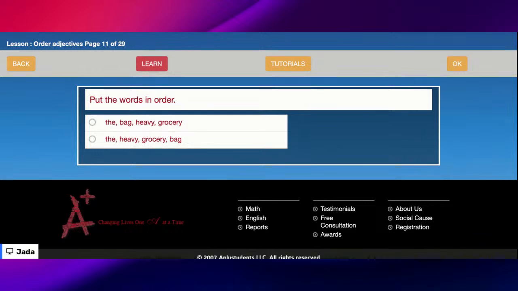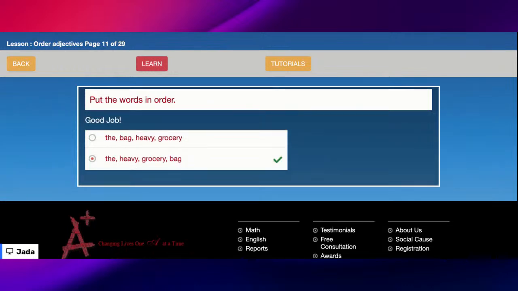Which of the options is the correct one? Okay. All right.